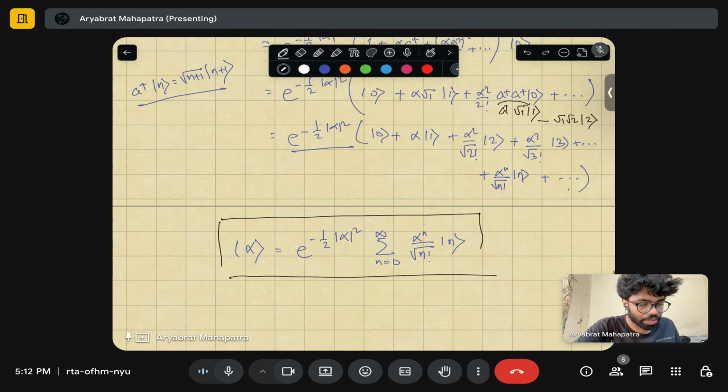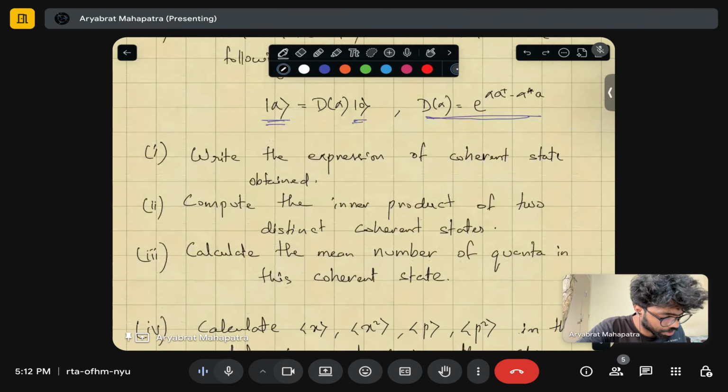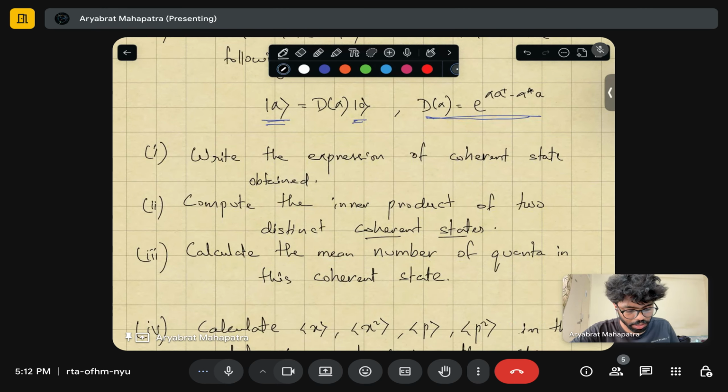Then we compute the inner product of two distinct coherent states. So what will be the inner product?